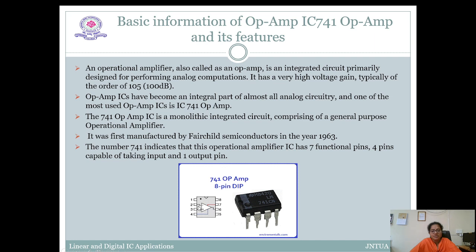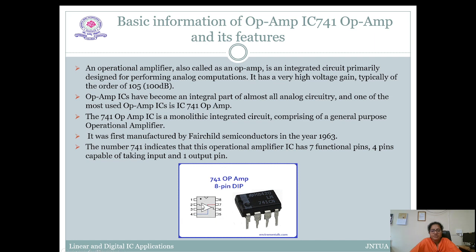Here we also need to know how the terminals are connected to the pins. Starting from the notch, we number the pins 1, 2, 3, 4, 5, 6, 7, 8.